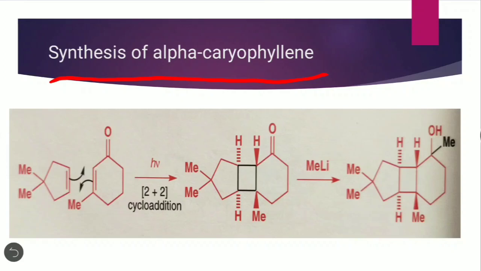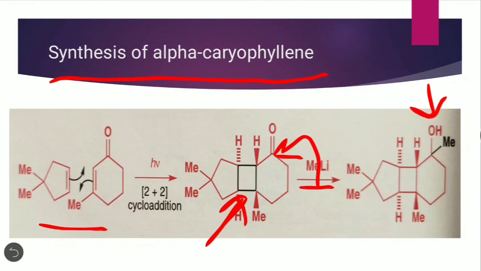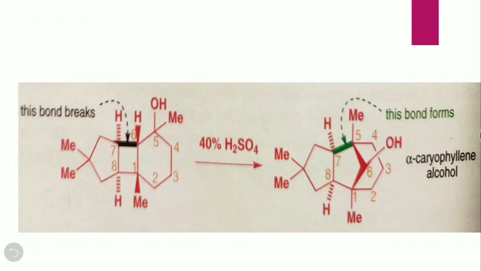Firstly, here a 2+2 cycloaddition takes place photochemically. This leads to the formation of a 4-membered ring. Then in the presence of methyllithium, this methyl group attacks the carbonyl carbon and a hydroxyl group is formed. First we will number the carbons, and here you can see carbon 7 migrates to carbon 5 from carbon 6. Let's see its mechanism.